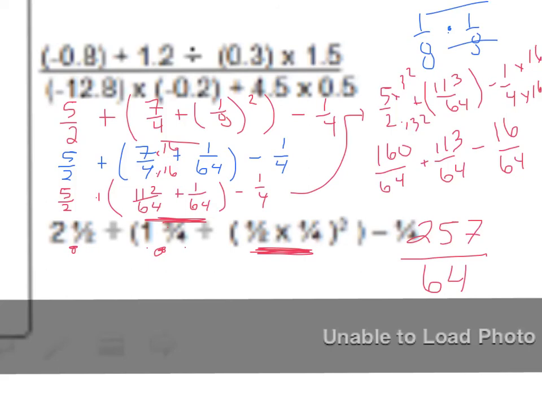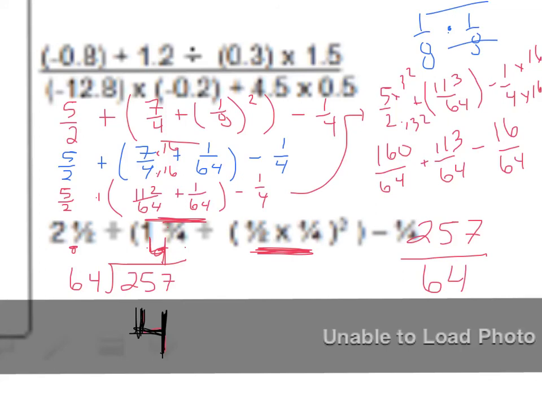If I take 257 and I figure out how many times 64 goes into 257, I would just use a calculator. I go 257 divided by 64. I get 4 on top. So this is going to be 4 whole numbers.